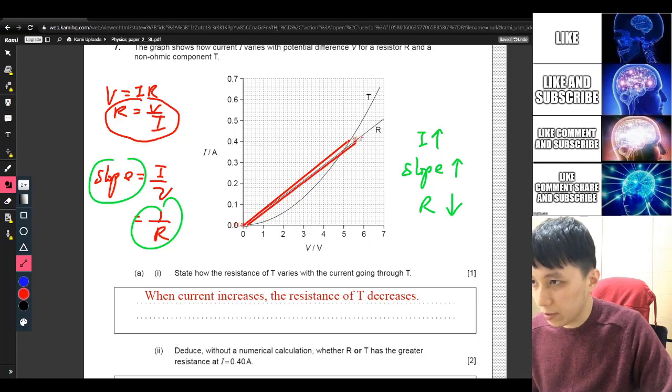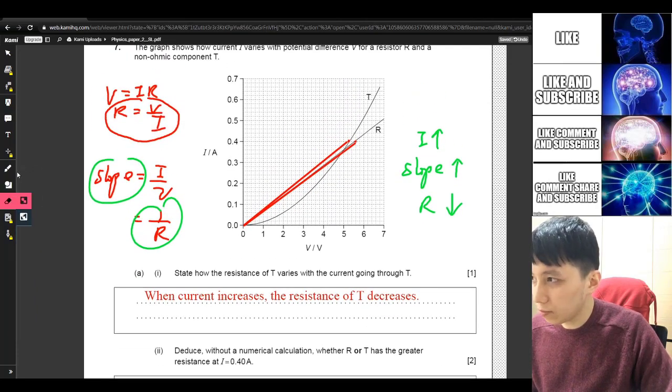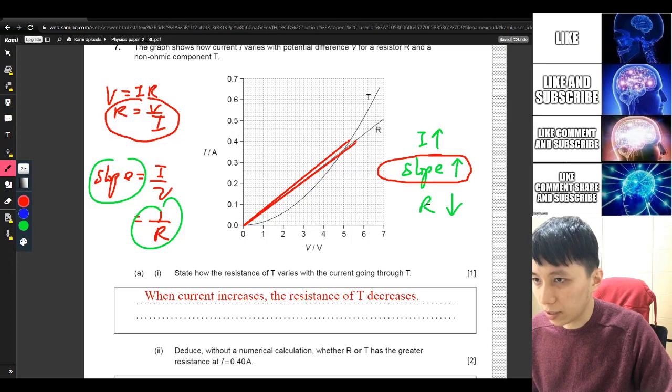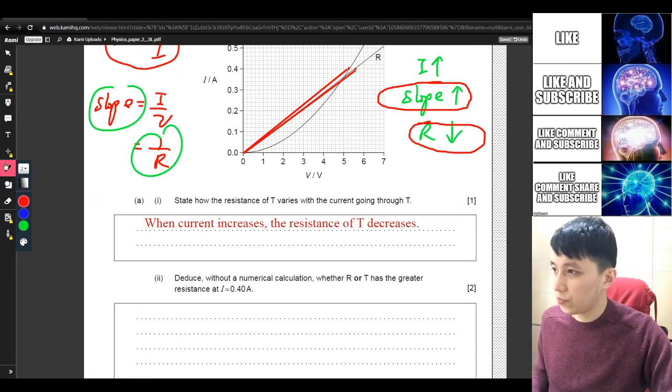And you should find the one for T, right, at this point will have a greater slope. Yeah, it's steeper. So with greater slope, just like how we deduced earlier, then resistance should be less. So yeah, that's how you should do.